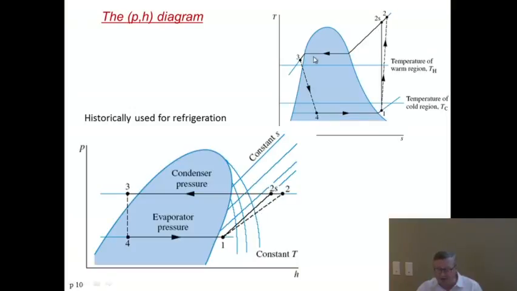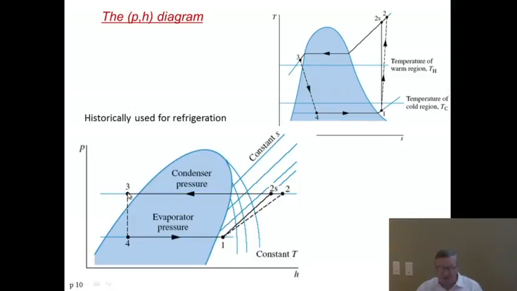This is the isobar. So this is a little horizontal like this. And then all this happens along an isobar. 2 to 3 is an isobar. There we go. And we have a little bit of undercooling here. This is a vapor dome in a pH diagram, corresponds to this one here.